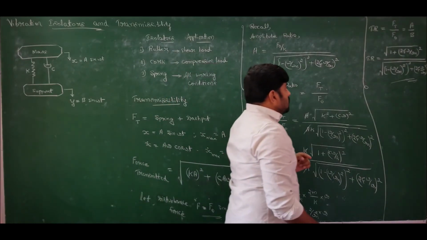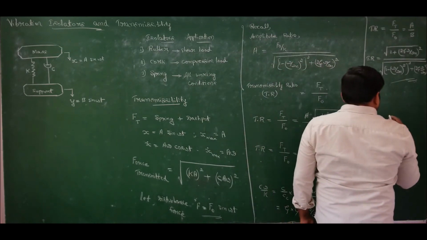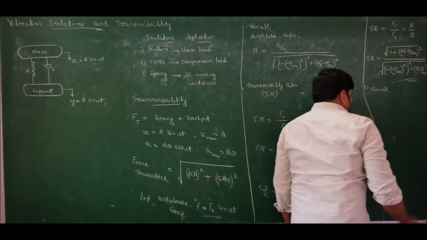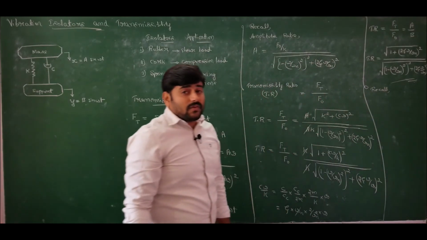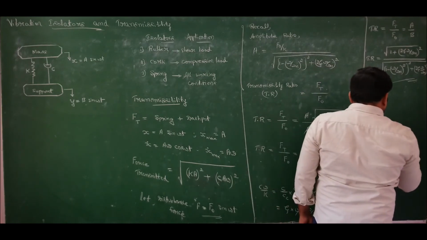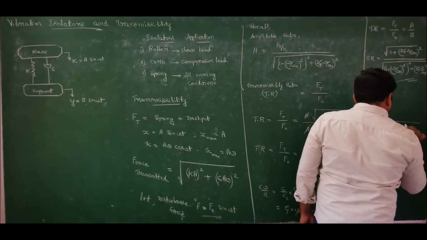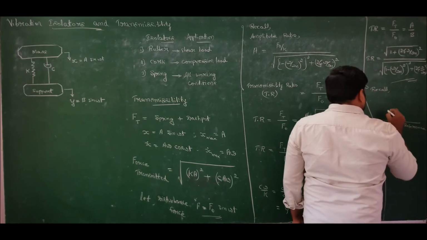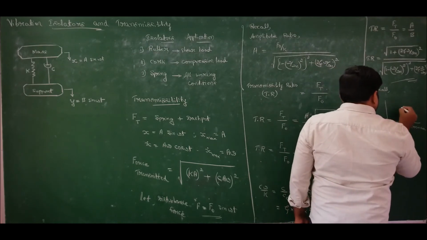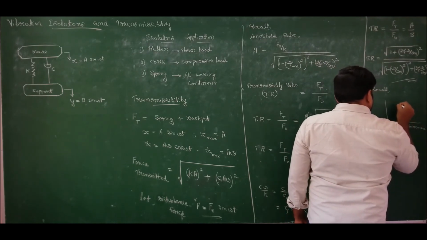If I recollect that and draw the graphical representation of summation of f is equal to 0, what we have is like this, correct? I think you remember this diagram. This is a reference we took, and the force applied will come like this.